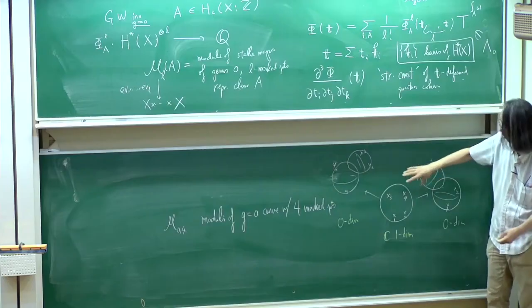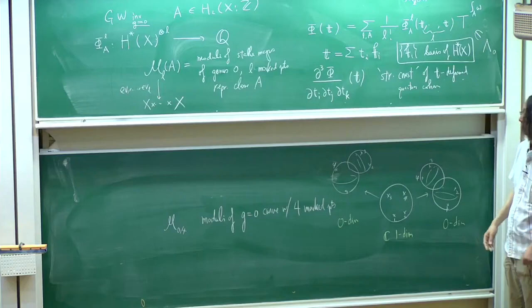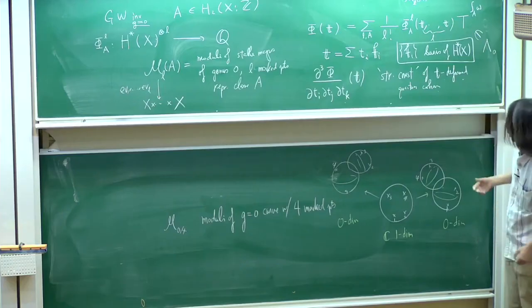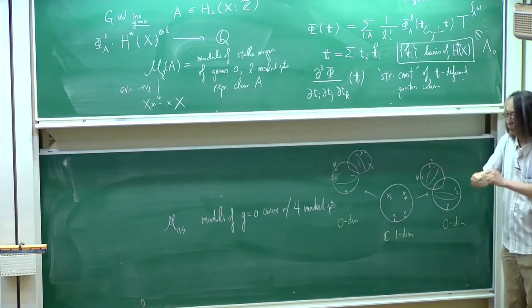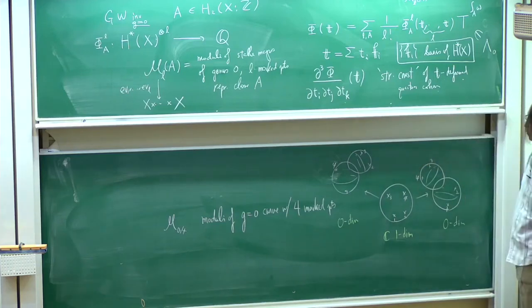So in fact, this moduli space is just P1 itself. And so these two correspond to certain specific points in P1, and then you just join them through a path.